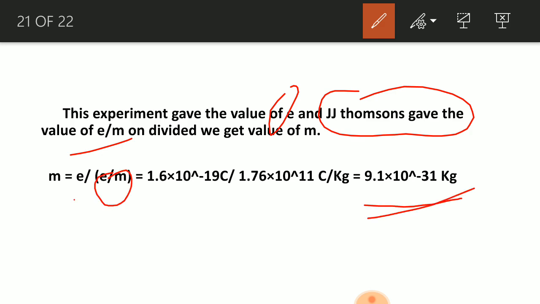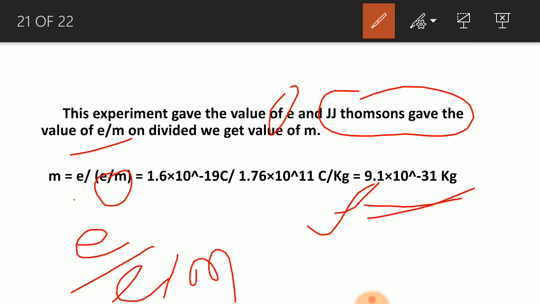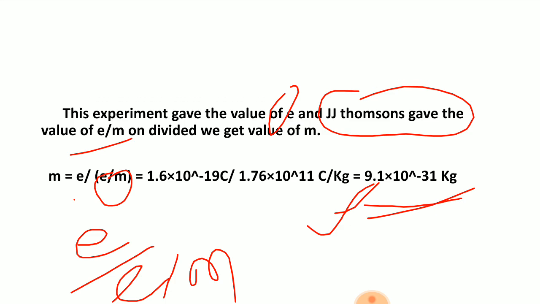Till this period mass was unknown, but after Millikan's experiment and J.J. Thomson's experiment, we knew the mass of the electron. We knew e/m and we knew e, and on dividing we got the mass of the electron, that is 9.1 × 10^-31 kg. So the main importance of this experiment is to know the value of e, and with the help of this experiment we again knew the value of m.